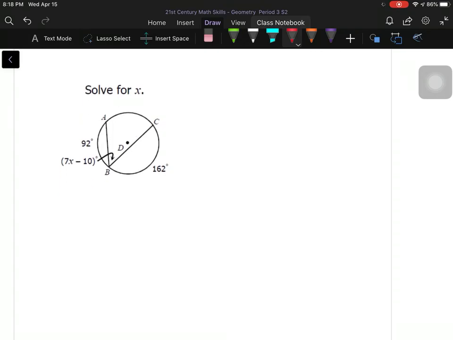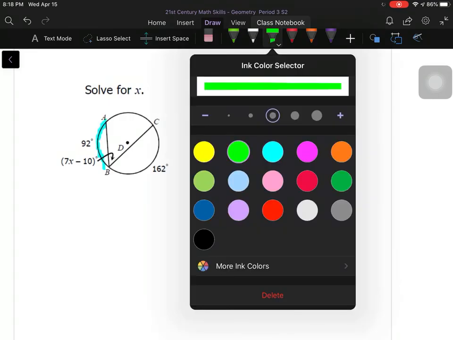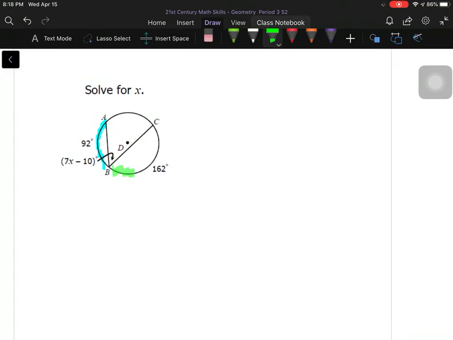Okay, we'll do this last one. Again, I know that arc and this arc, so I want to try to find this arc. So again, 92 plus 162 plus x is 360.